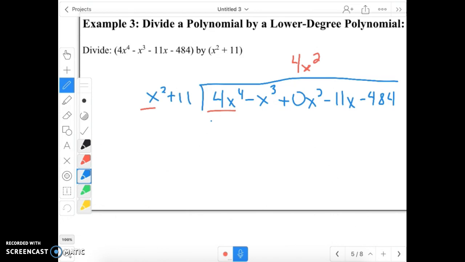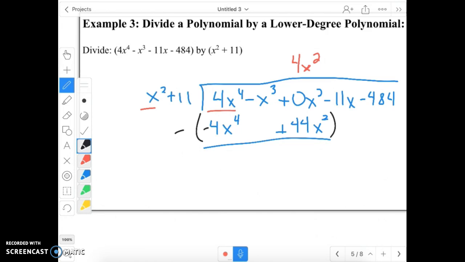Multiply those together, we get 4x to the 4th, and then multiply that by 11, and you'll see I'm going to drop this over, I'm going to keep everything in line. So that'll be 44x to the second power. Multiply by a negative.